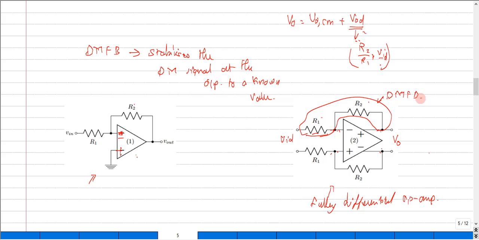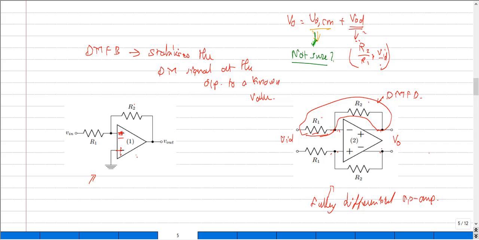But how about this guy? Let me choose a different, vibrant color. Okay, the green one. So how about this value? Not sure, right? Is this not sure answer true for all types of fully differential op-amp circuits? Probably the answer would be no.